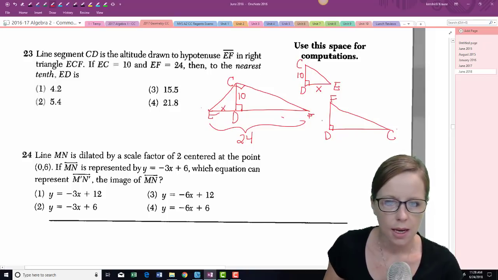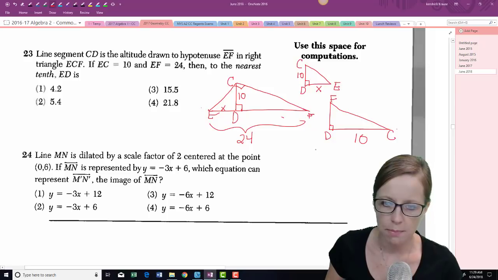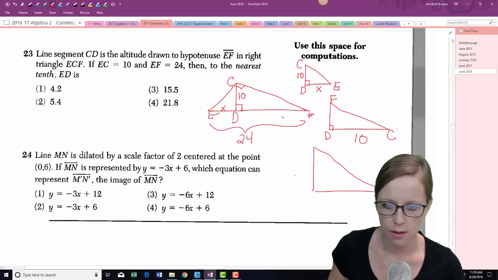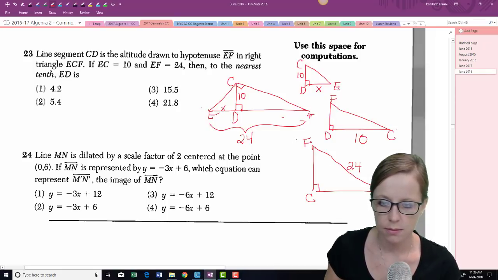Beautiful. And then C to D is 10. My big triangle has a right angle at C. E will match with E. F will match with F. There we go. Right angle here. And E to F is 24. And we are looking for E to D.